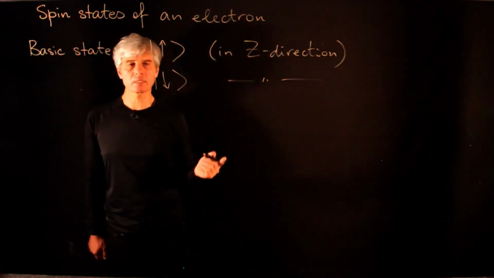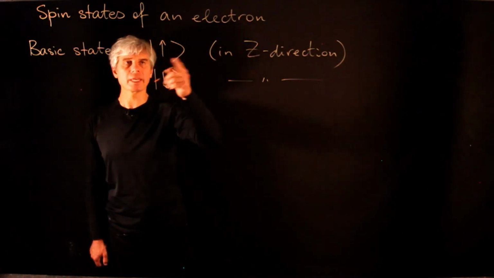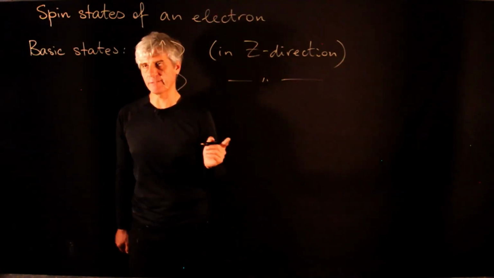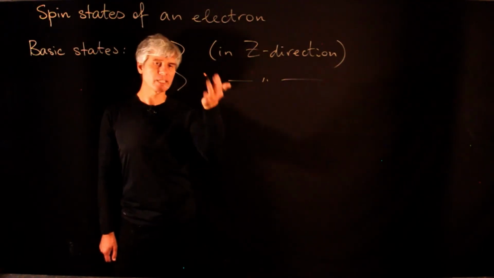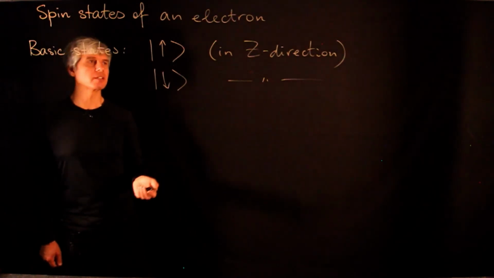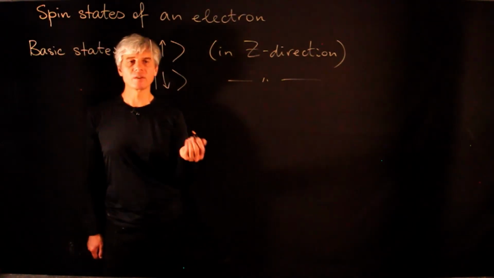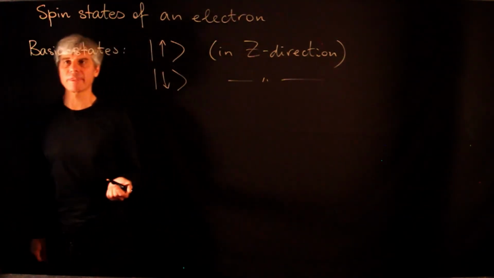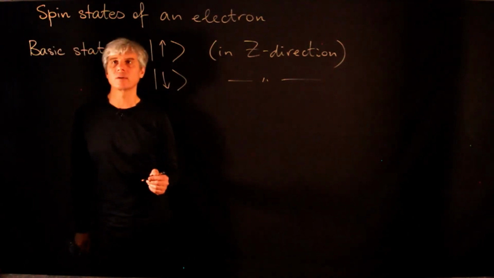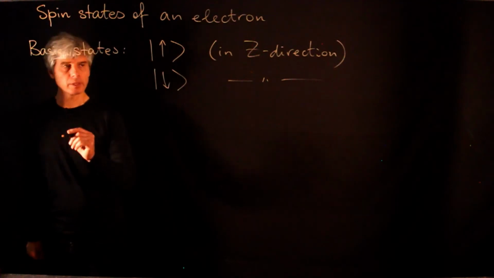Physicists like to say that one has spin 1/2 and another has spin -1/2, while mathematicians usually say +1 and -1. There is absolutely no difference between 1/2 and 1 in this context mathematically. So these are two basic spin states of an electron.